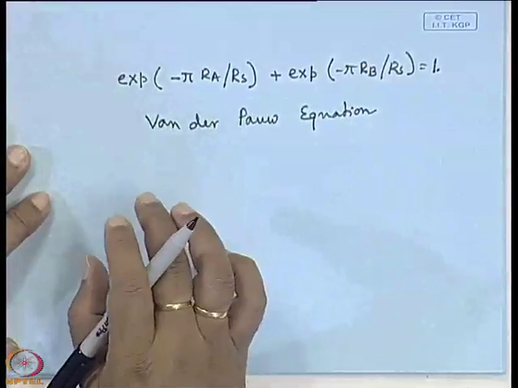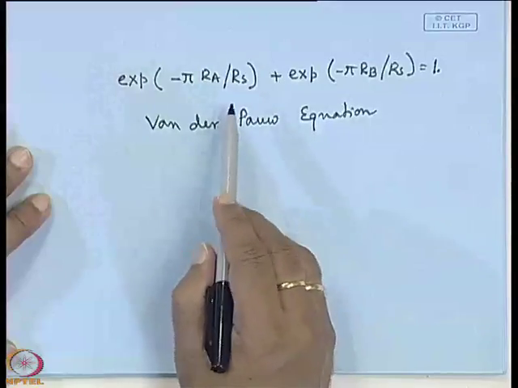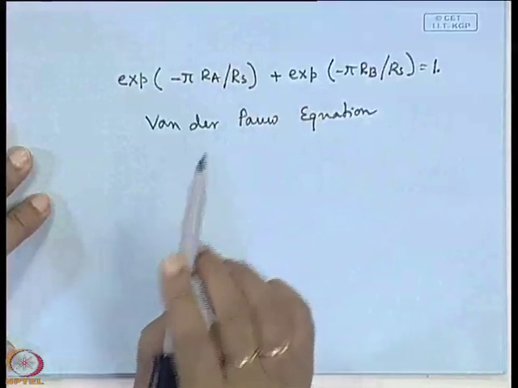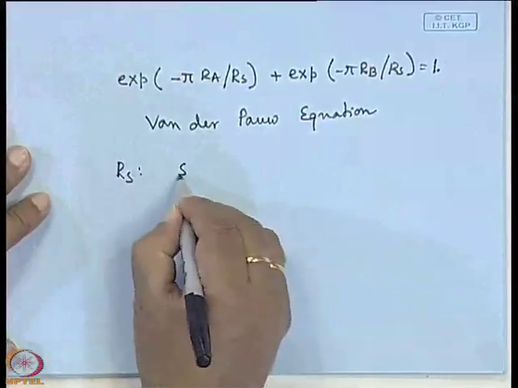So, originally Van der Pauw proposed such an equation to measure the resistivity of a sample using that kind of configuration. You see that R S is the sheet resistance, which we would like to measure.